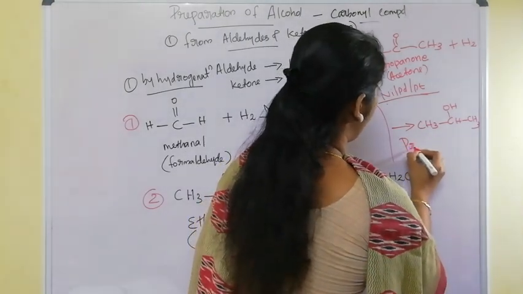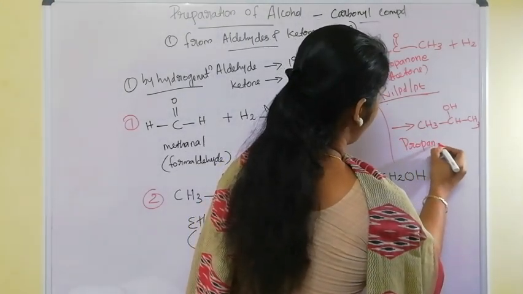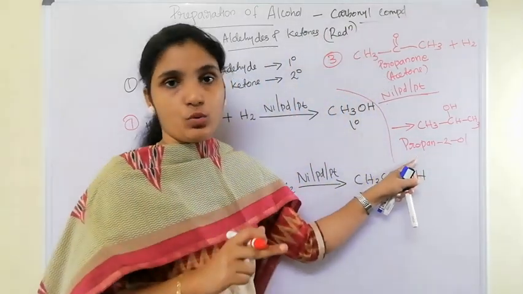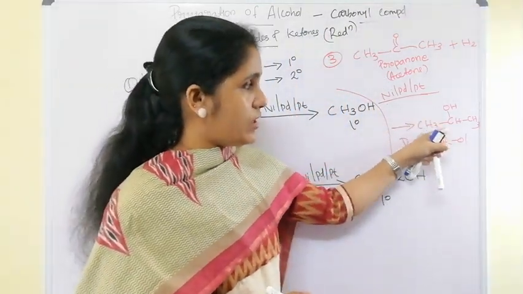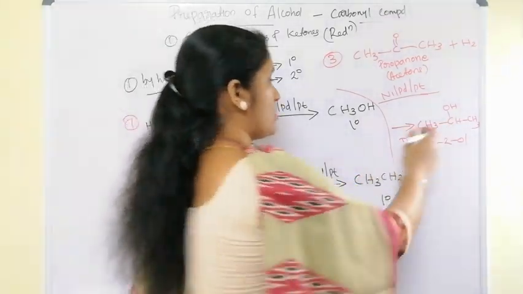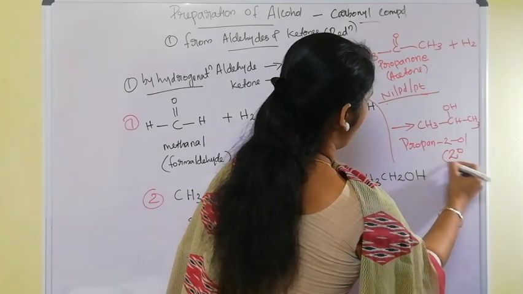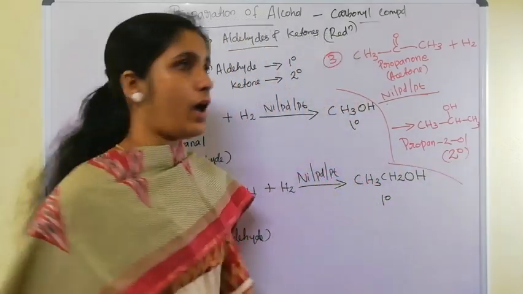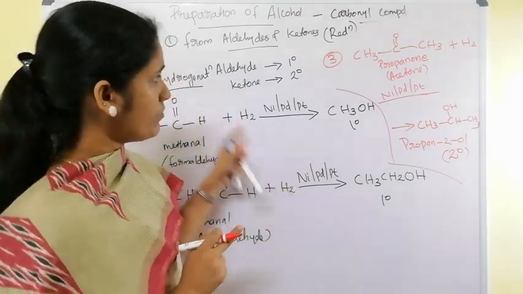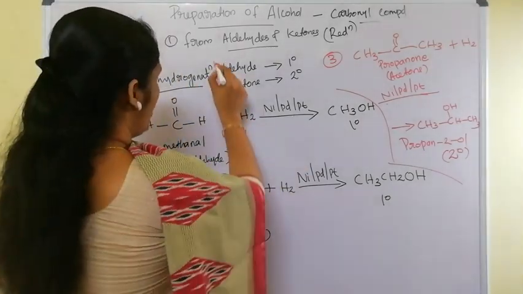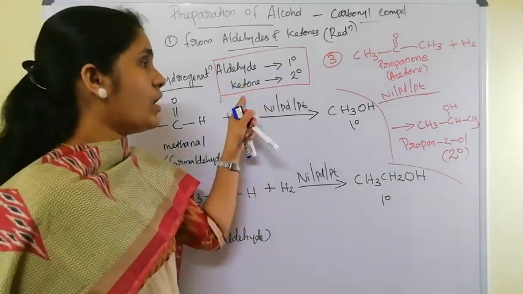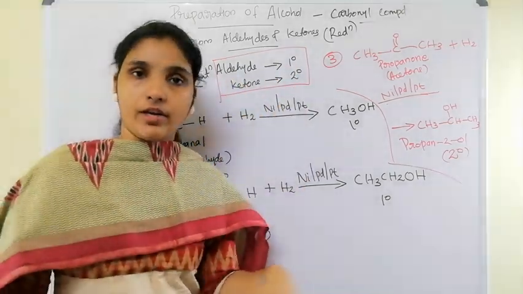The name of this compound is propan-2-ol. Since the OH is attached to a CH, this is a secondary carbon, so this is a secondary alcohol. So children, just understand the concept: aldehydes will always give primary alcohol and ketones will give secondary alcohol.